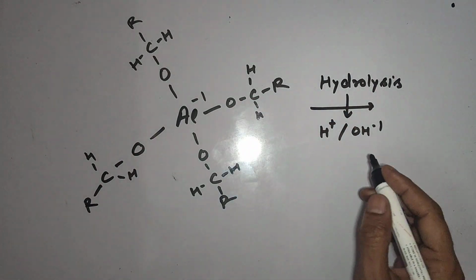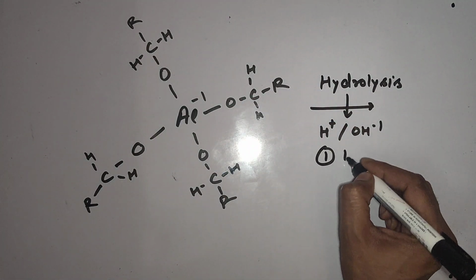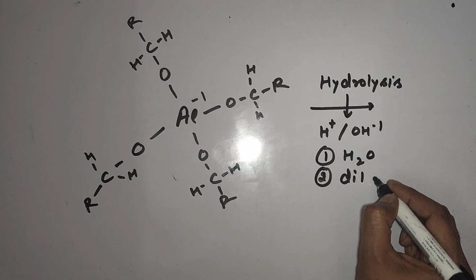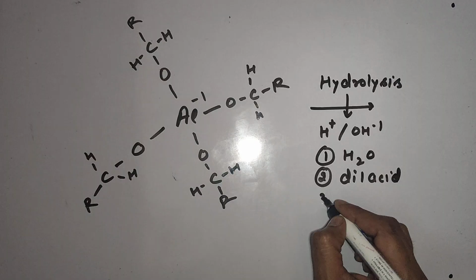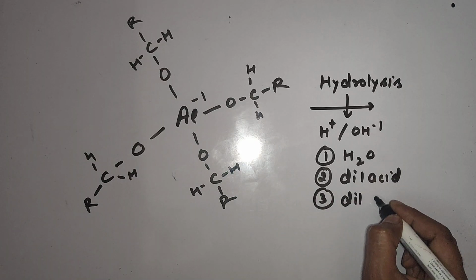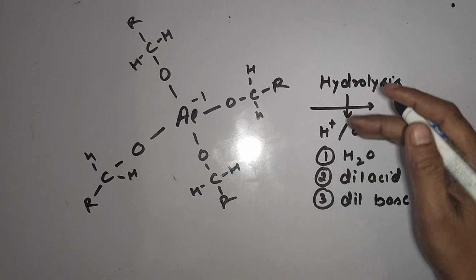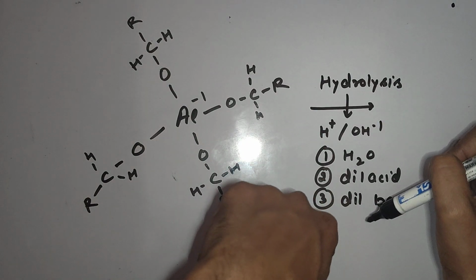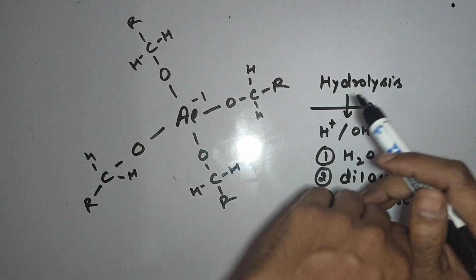H positive and OH negative we can get directly from water, or from dilute acids, or from dilute base. All these 3 conditions can provide us H positive or OH negative, meaning with these 3 conditions we can do hydrolysis of any molecule.